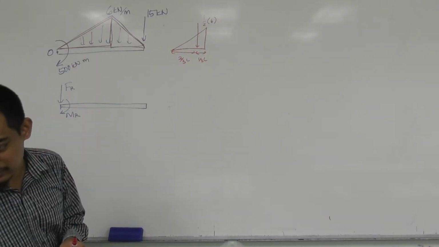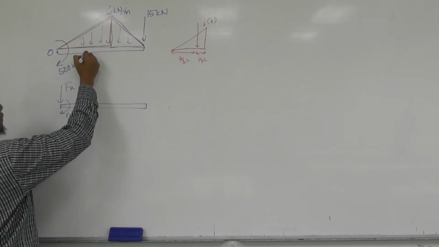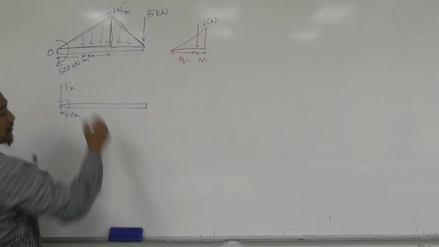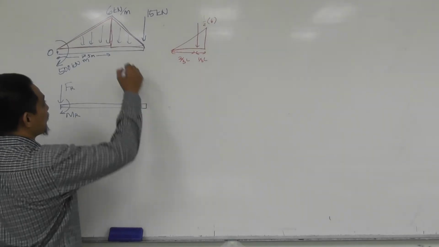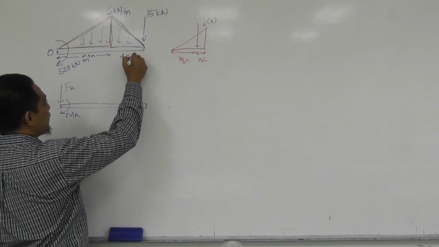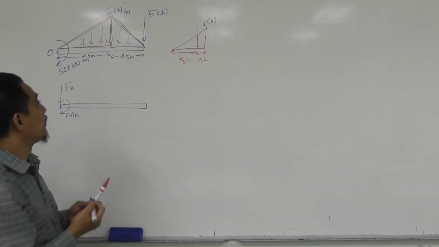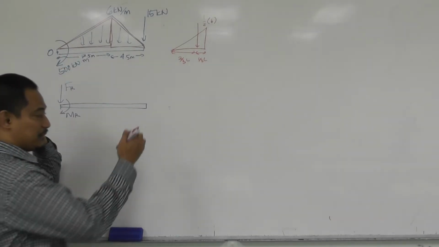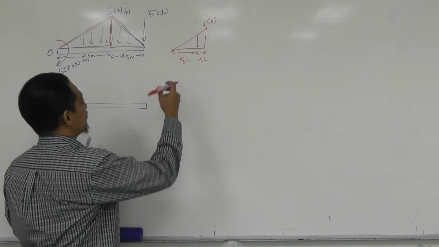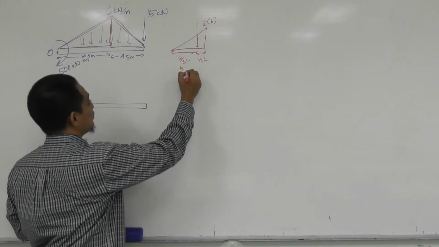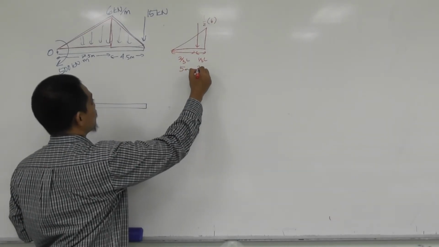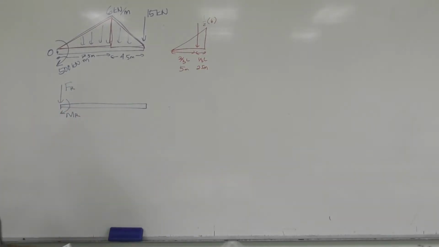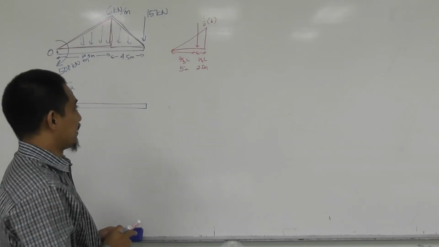The distance is 7.5 meter until the middle, and then 4.5 meter. For this triangle, the base is 7.5, so I know this one will be 5 meter, and this one will be 2.5 meter, giving 7.5 meter.